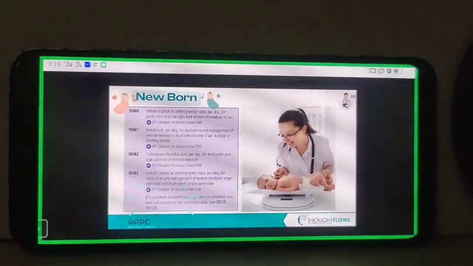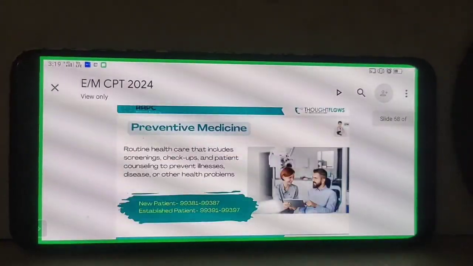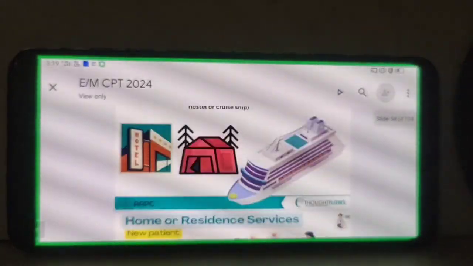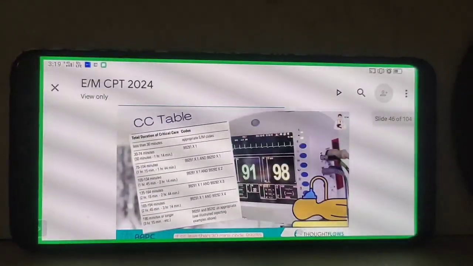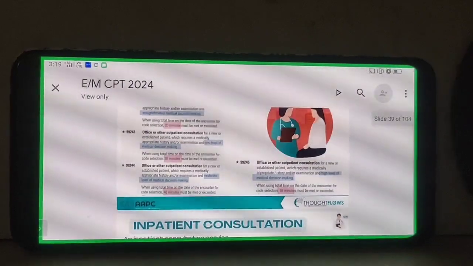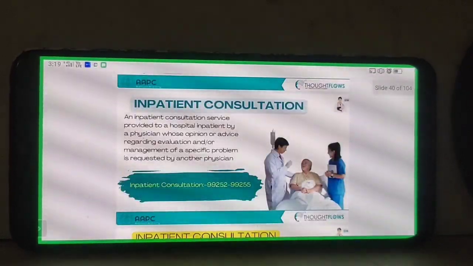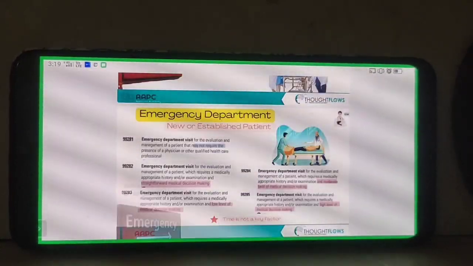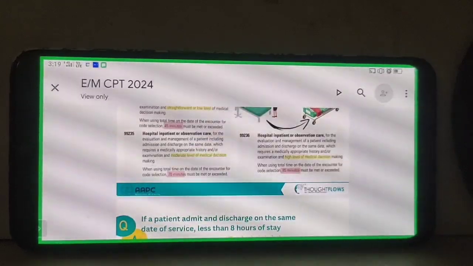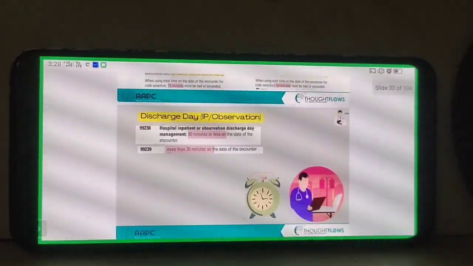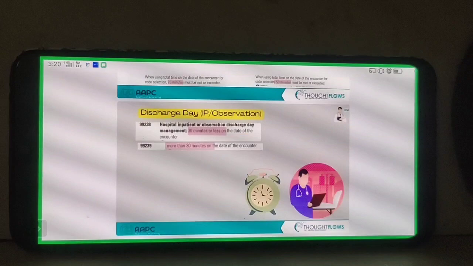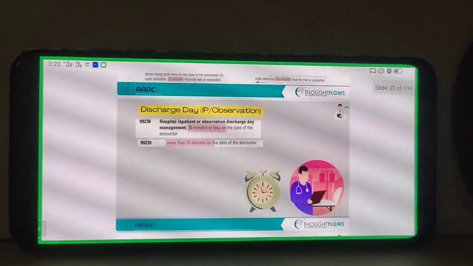We already discussed that: the inpatient discharge codes 99238 and 239, which you apply on the day of discharge for a newborn.